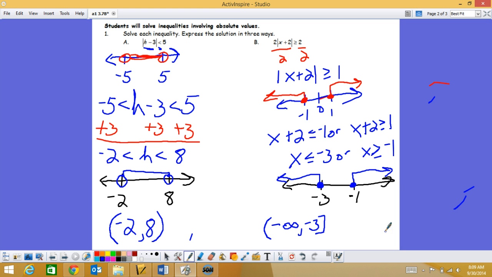You should never have a bracket around infinity. Then it picks up again at negative 1, and it includes negative 1, so we put a bracket, and to the right edge, infinity. Again, whenever you use infinity, you use a parenthesis. And whenever we have two intervals like this, we put that union symbol in between. So here are the three ways to represent these solutions.